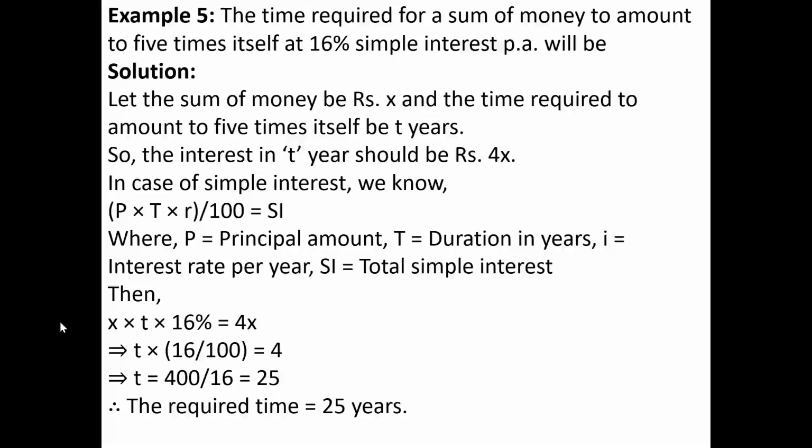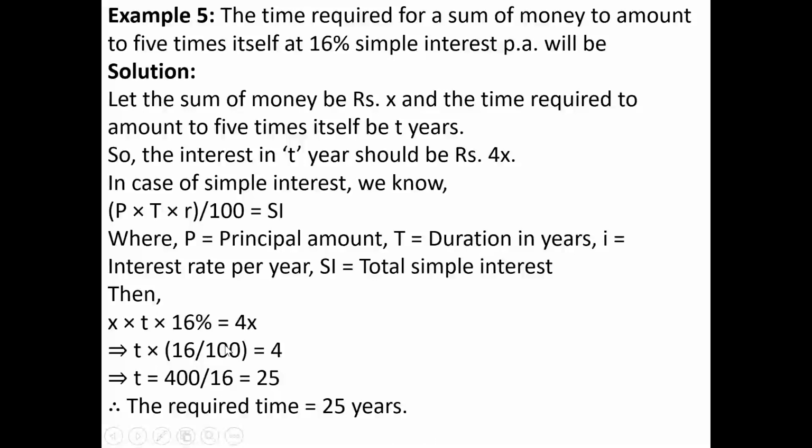So directly we can write XTR by 100 equal to 4x. The rate of interest is already given as 16%, so 16% equals 4x. If we calculate, x will be cancelled on the left hand side and right hand side.